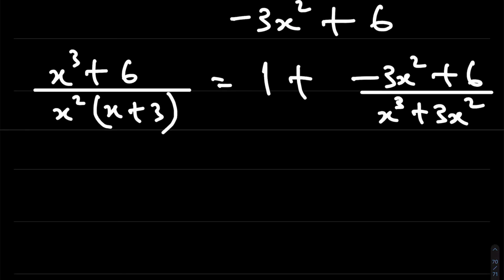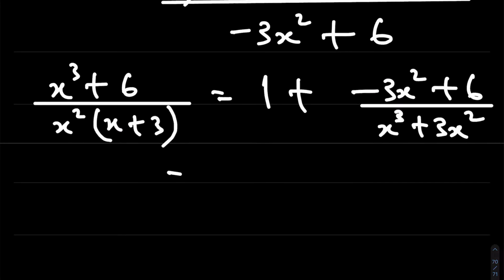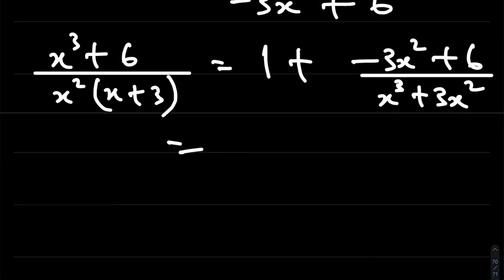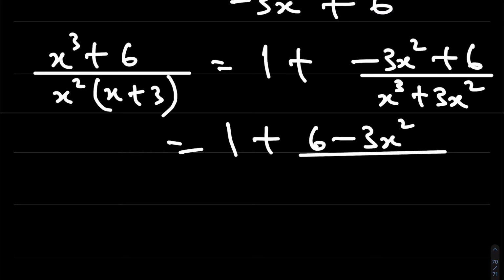Now I can write the fraction minus 3x squared plus 6 as 6 minus 3x squared. So that's equal to 1 plus 6 minus 3x squared all over x cubed plus 3x squared, which is the same as x squared times x plus 3.